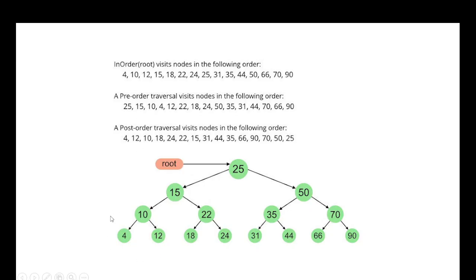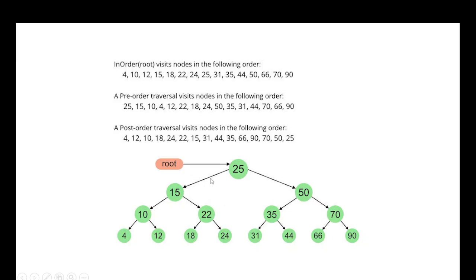For the left subtree, again it is root, left, right. So till 12 it is done. Now it will come to the right subtree of this portion. Root, left, right. So 22, 18, 24 is done. Now the left subtree portion is over. Now the right subtree portion, it will be 50. Then it will be 35, 31, 44, and on this side it is going to be 70, 66, and 90.